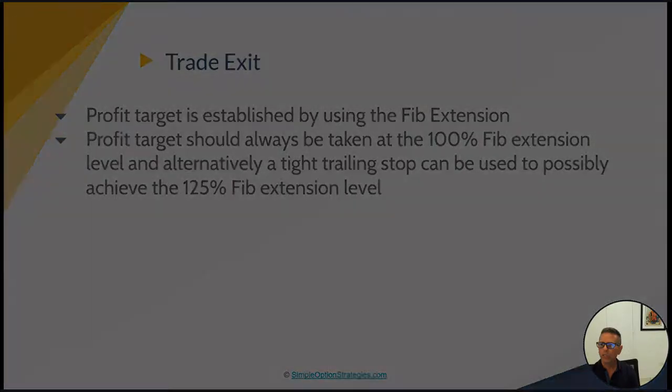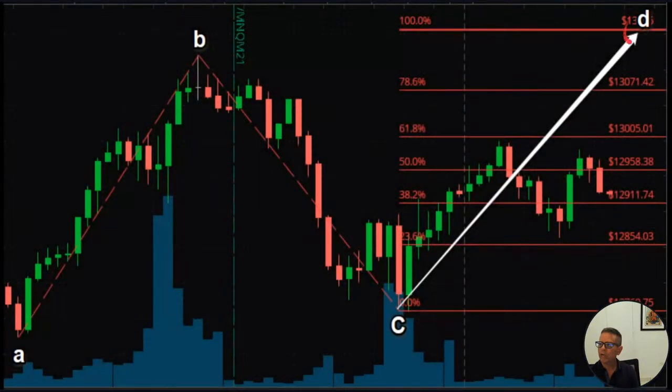So let's look at this again. Here's the 100 level. This is where you get out, and above this is the 125 level, somewhere up here, that you can let it go. If it's in a nicely trending market, it's going to go higher. But it can also come right back down and take out your stops. And that's why you have stops.